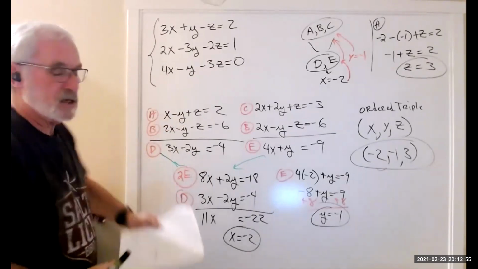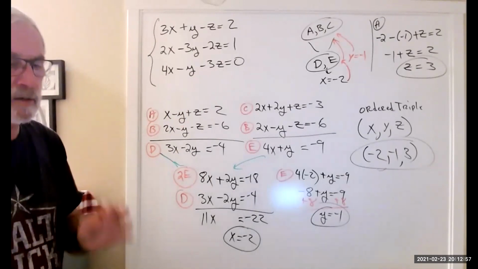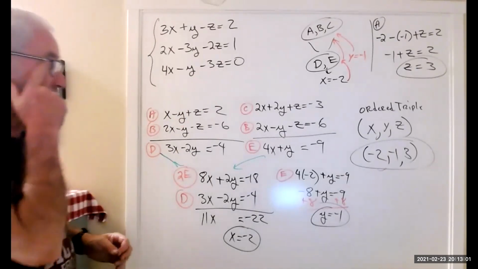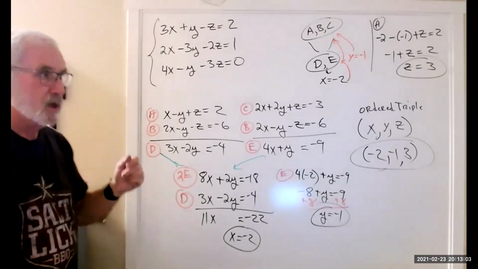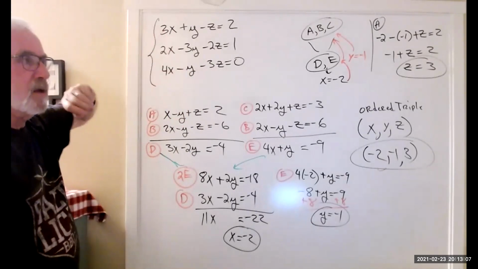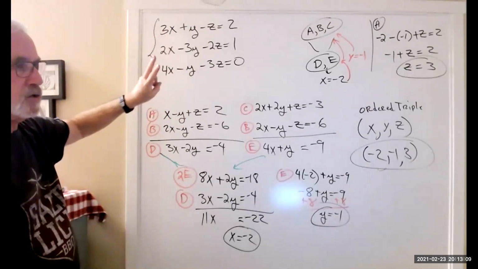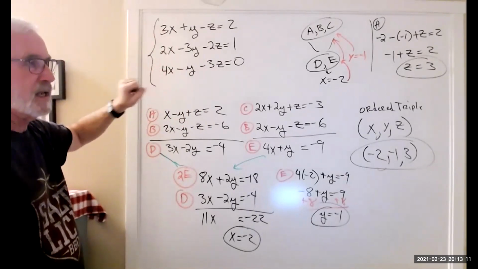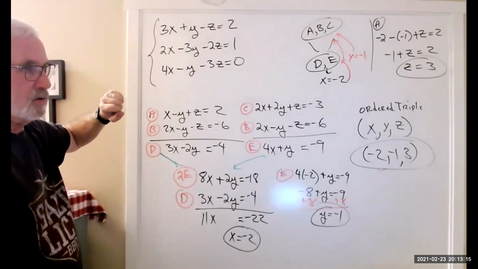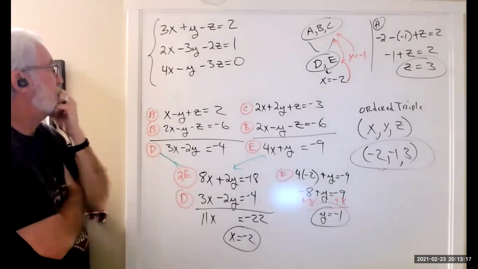Okay, I want to guide you a little bit, and then I'm going to stop and let you guys work a little bit and get all confused, and then we'll clean it up. Okay, label A, B, C. That's easy. Pick any two equations and eliminate a variable. Well, think lazy.